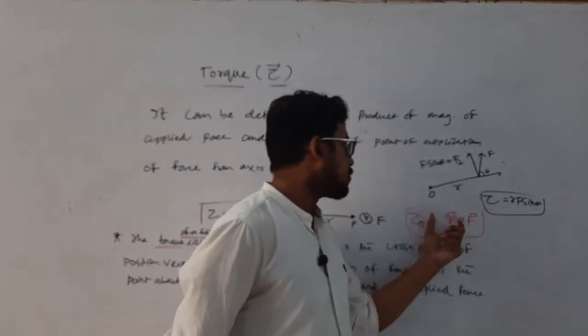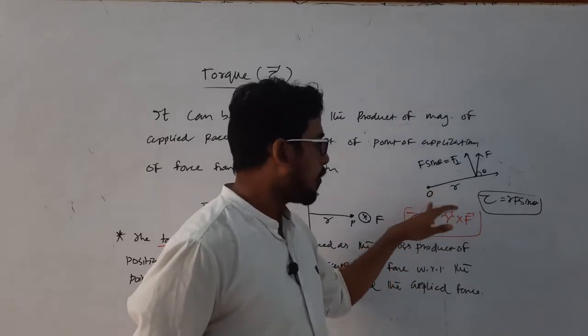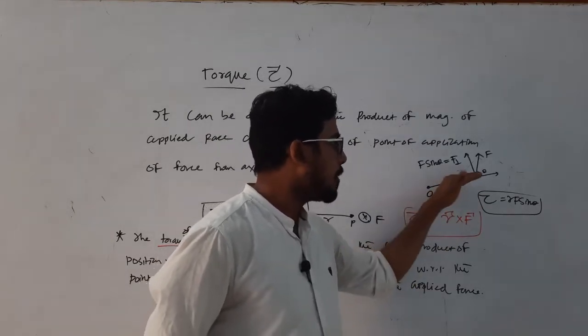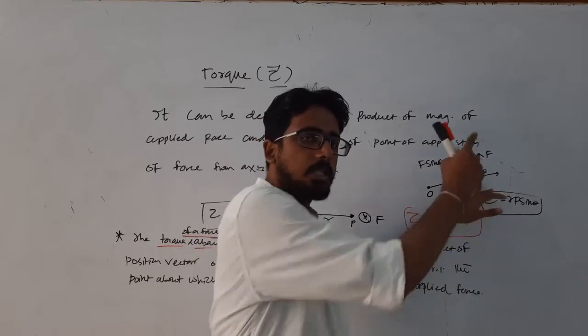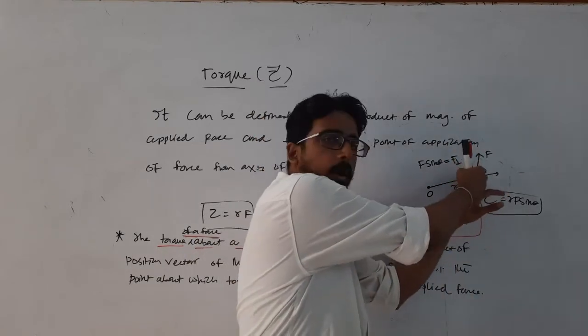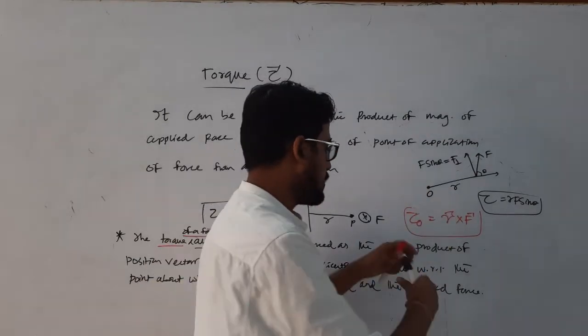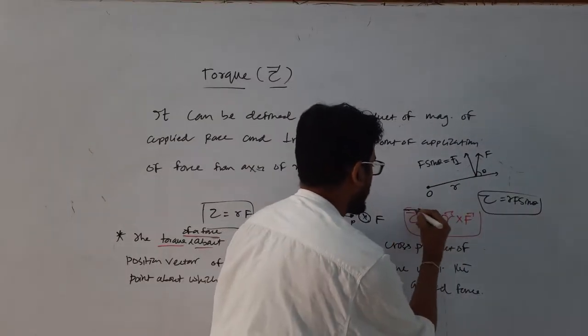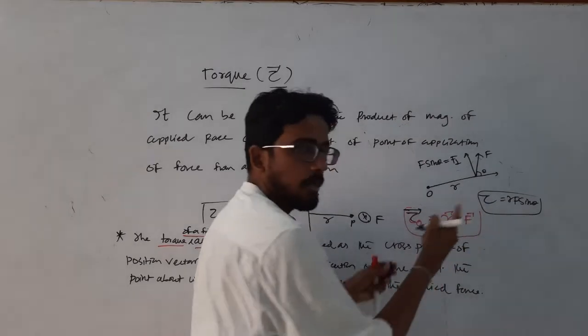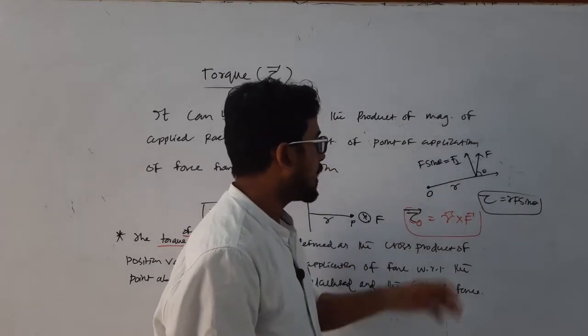Or torque can also be defined about a point as the cross product of the position vector of the point where the force is applied and the applied force. This is the vector form.